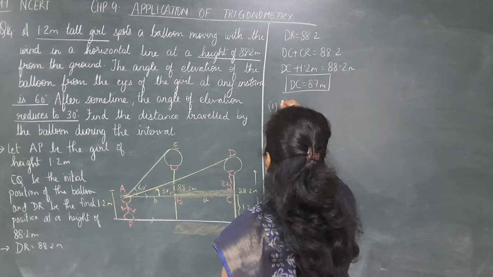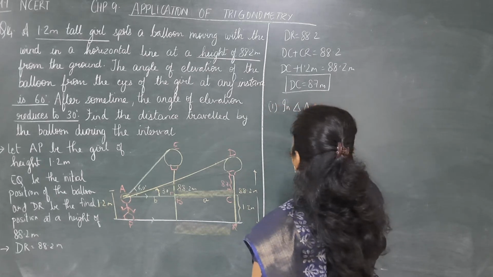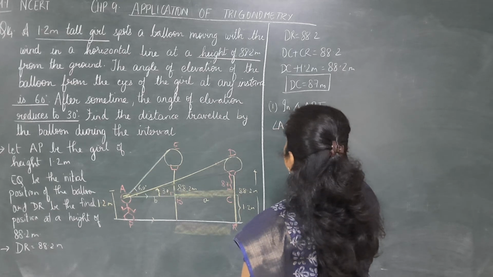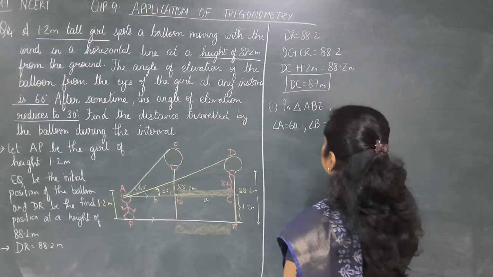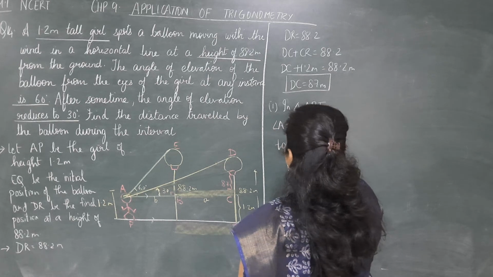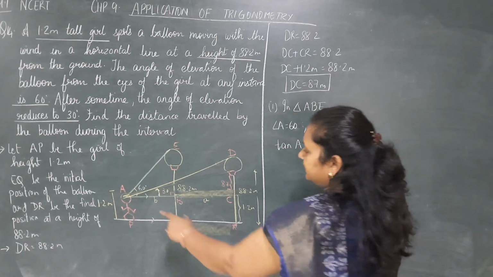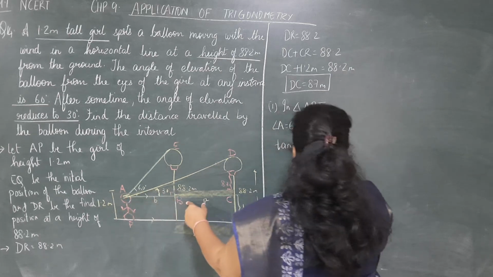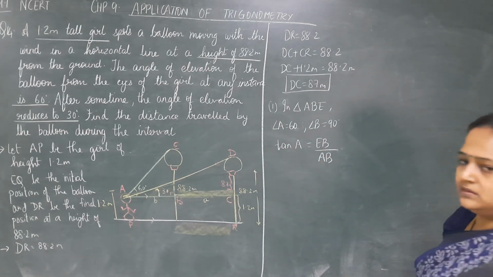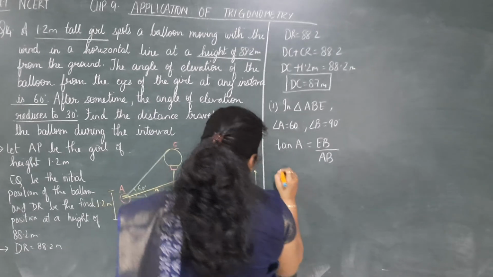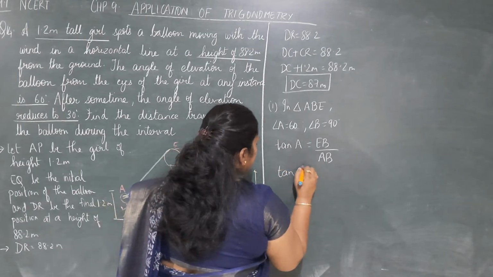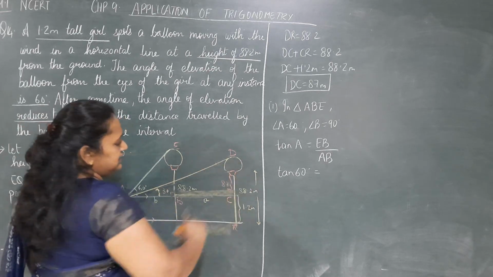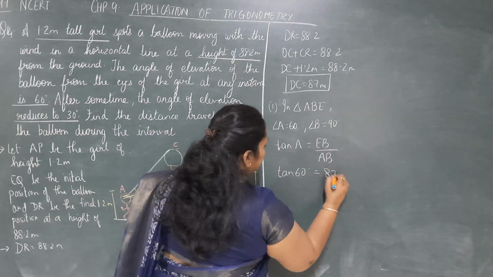Now we write in triangle ABE, we know that angle A is 60 and angle B is 90. Hence we take tan A. What will be tan A? Opposite side EB upon adjacent side AB. We know angle A is 60. So we can write tan 60 is EB, and EB is the same as DC. So it will be 87 upon AB.